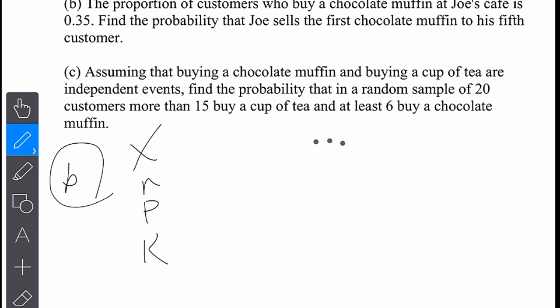So we have now a P of 35%. There's still 20 customers we're talking about.